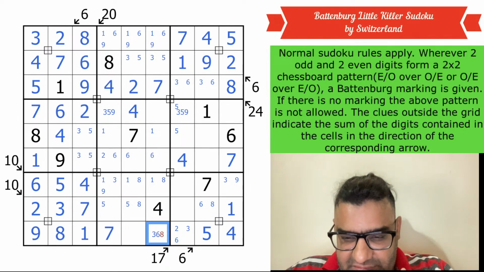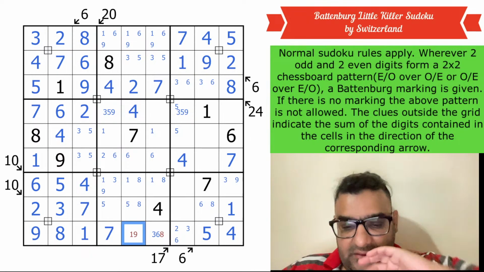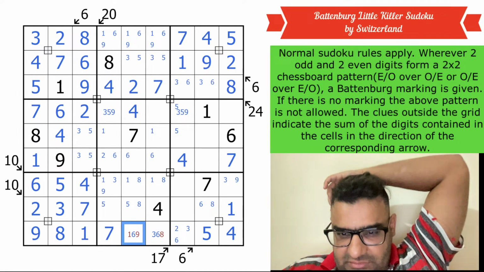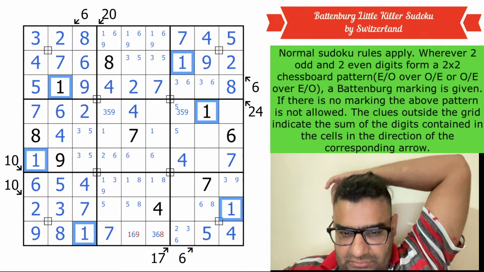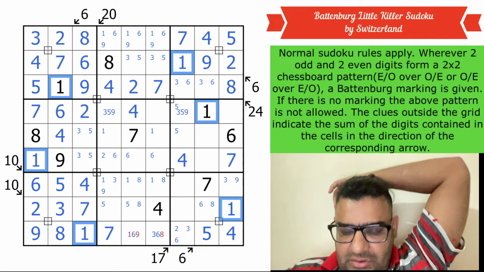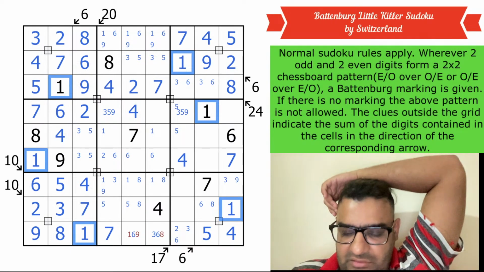Or it is 3, 6 and 8. Then it will be 9 and 2, 11 and 6. 1, 6, 9. What? So we know 1. Oh, no, no, no. 1, 6 and 9. It is not 17.